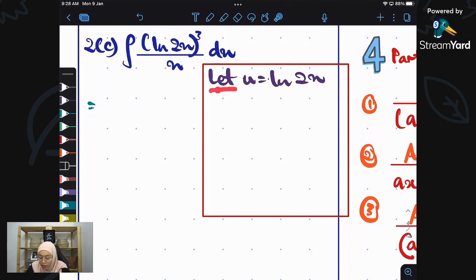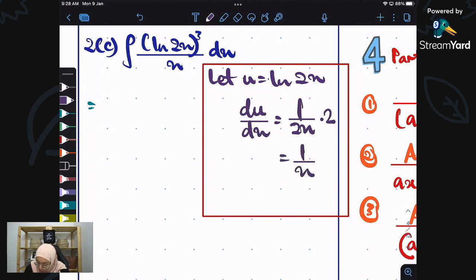So now the first step here is to let U be ln 2x. And then I differentiate it. I will get 1 over 2x times 2, which is 1 over x. Good.